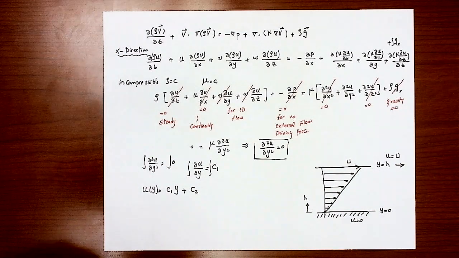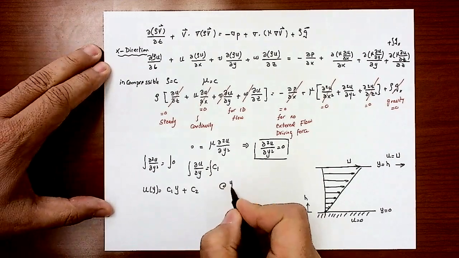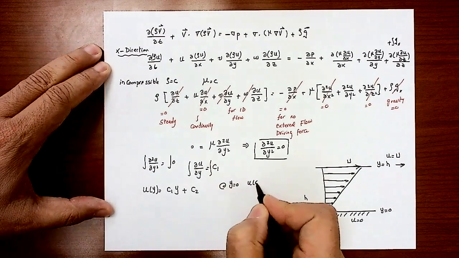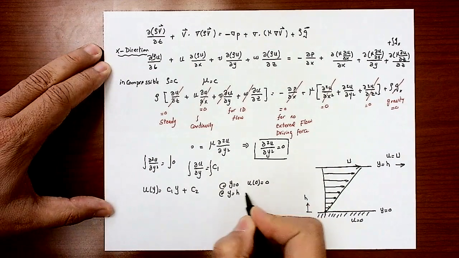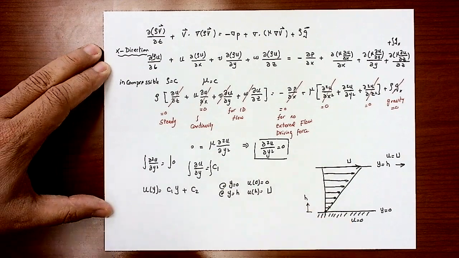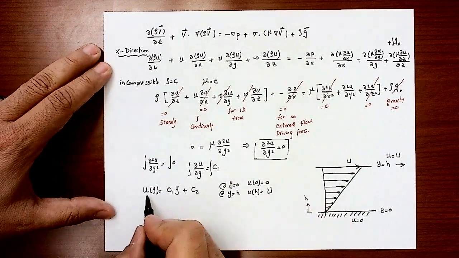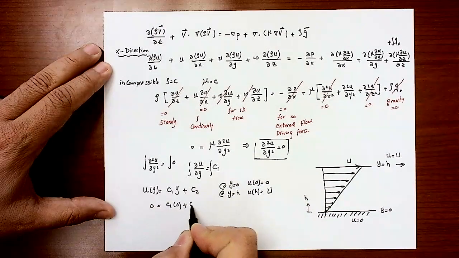So now we need to get C1 and C2. To do that, we need boundary conditions. The problem boundaries are located at Y equals 0 and Y equals h. So I know that at Y equals 0, the velocity at that location is 0, and at Y equals h, the velocity is capital U. So let's start using this. This will be 0 equals C1 times 0 plus C2.